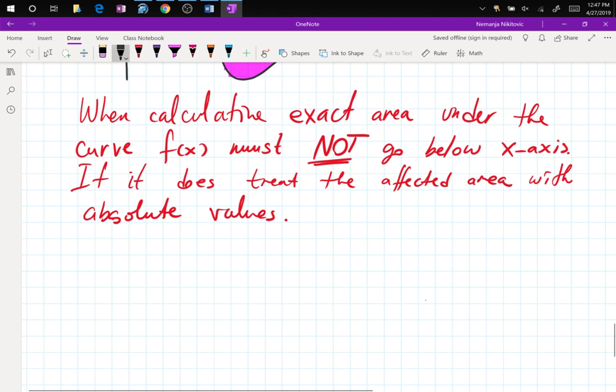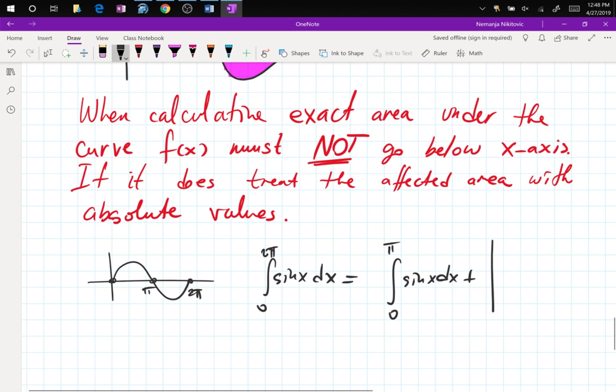I know that sine x is going to dip below the x-axis between pi and 2 pi. So, to find the area from 0 to 2 pi of sine x dx, I have to break it into the integral from 0 to pi of sine x dx plus the absolute value of the integral from pi to 2 pi of sine x dx, closed absolute value.